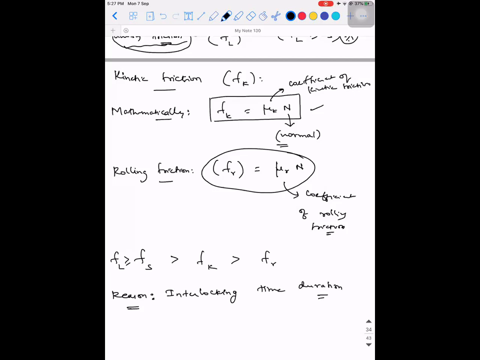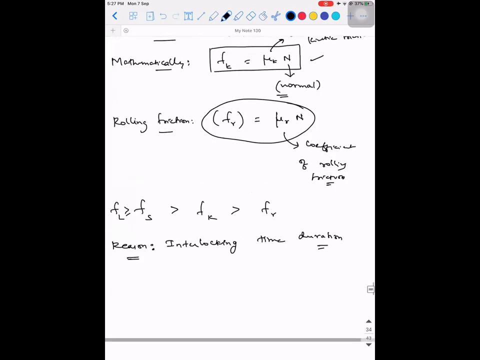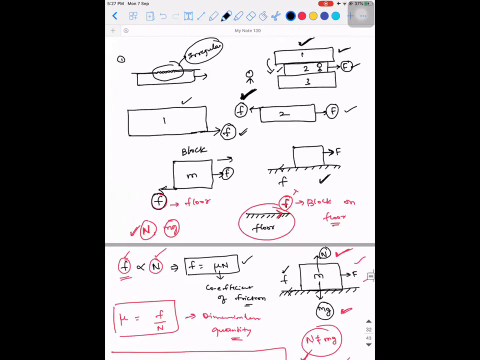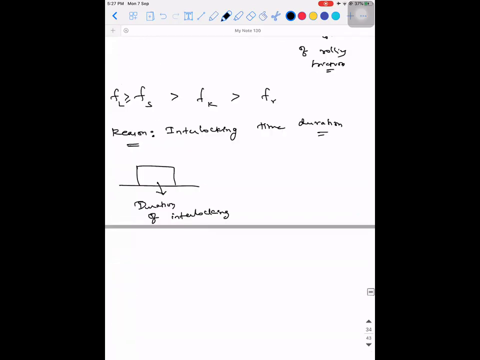See, if the object is completely at rest, then the duration of interlocking will be more. Interlocking means, last class I was telling you so much about it. So the duration of interlocking will be more, whereas when the object is moving, the duration of interlocking will be less.